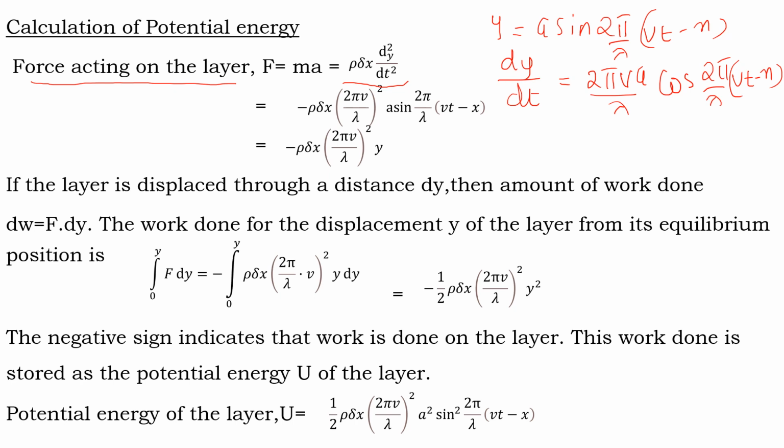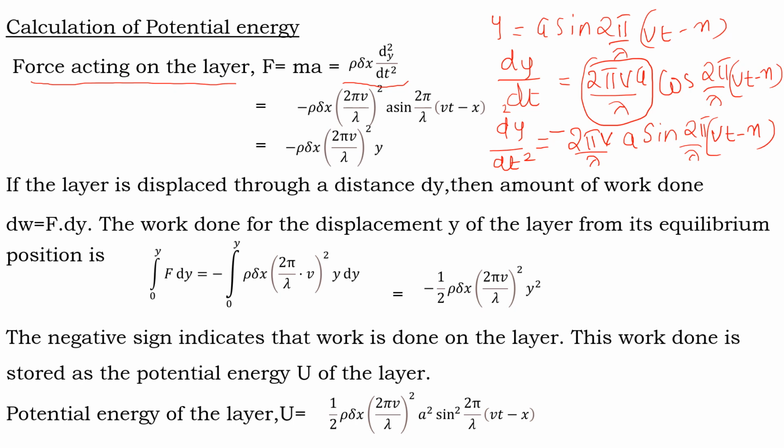Then again differentiating with respect to t, d square y by dt square, that is keeping this as a constant 2 pi v by lambda into a, then cos 2 pi by lambda into vt minus x in the derivative with respect to t differentiate ചെയ്യുമ്പോൾ കിട്ടുന്നത് minus sign ആണ്, that is minus sin 2 pi by lambda vt minus x ആണ്. ഇനി ഈ 2 pi by lambda into vt യിലെ ടേംസ് ഉണ്ട്, that is again ഒരു 2 pi by lambda v കിട്ടുന്നു.